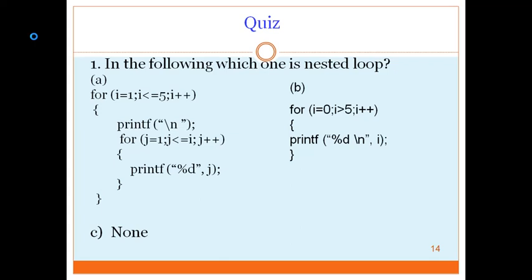Inside the for loop, again one more for loop is written. B, only one for loop is there. C, none. Writing loops inside a loop is called nested loops. That's why A is the correct answer.